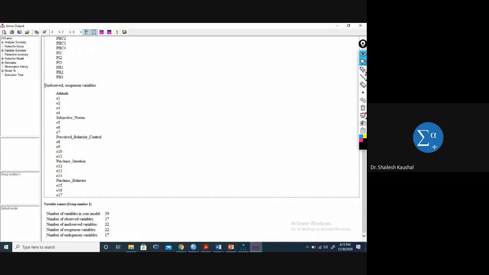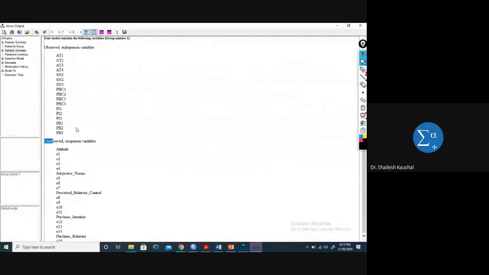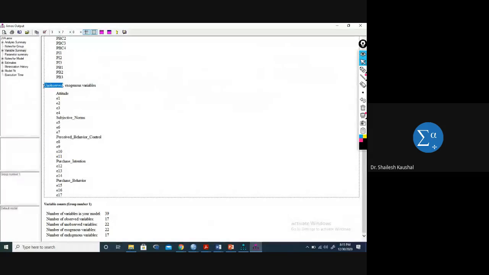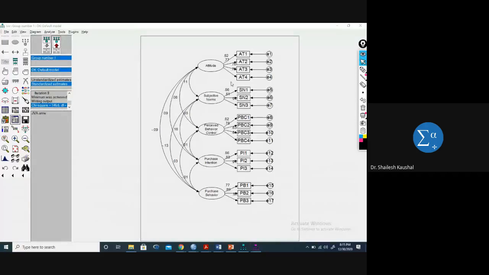Now unobserved and exogenous. Unobserved means these are the unobserved variables. This is one unobserved variable, another two, three, four unobserved, and these are also unobserved variables: E1, E2, E3, E4.